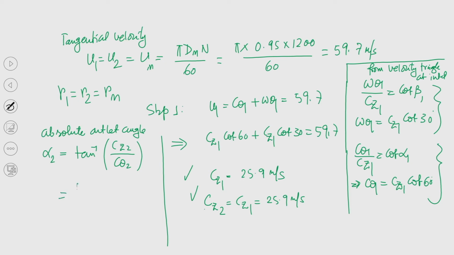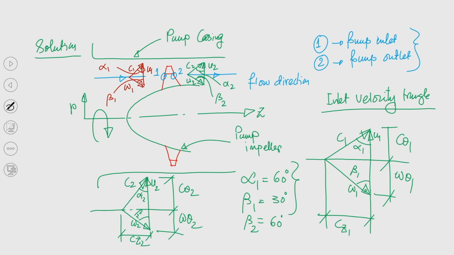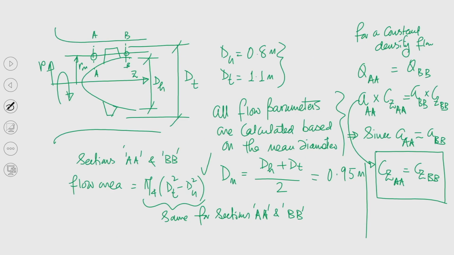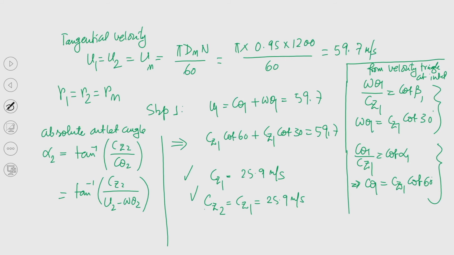This is nothing but tan inverse Cz2 by u2 minus Wtheta2. If we look at the outlet velocity triangle, we know beta 2, we know u2. So, if we know Wtheta2, we can easily calculate Ctheta2, and that is what I have done. I have replaced Ctheta2 by this term, u2 minus Wtheta2.